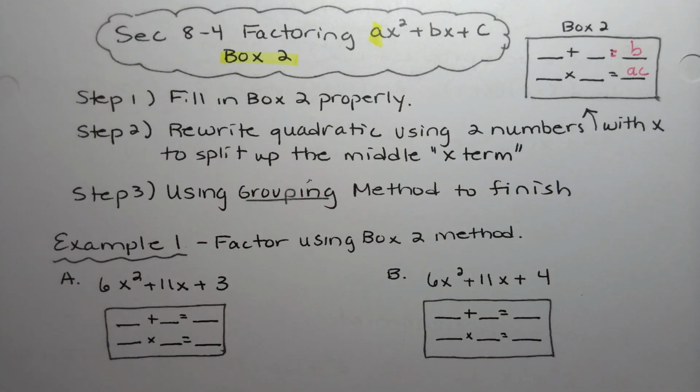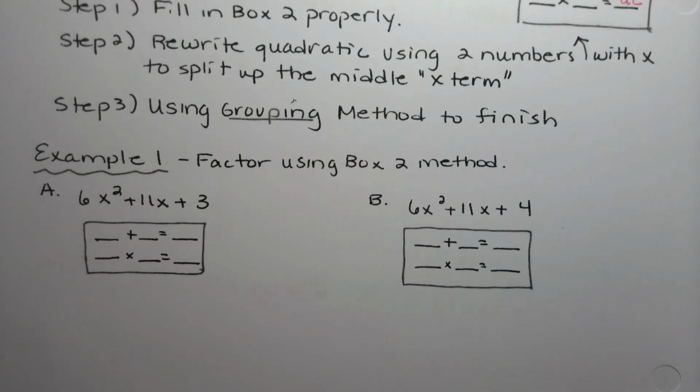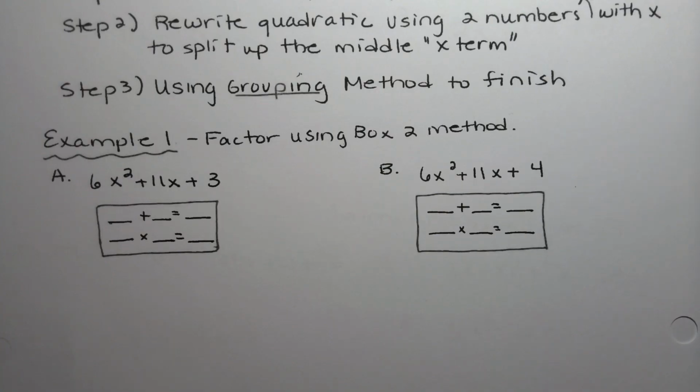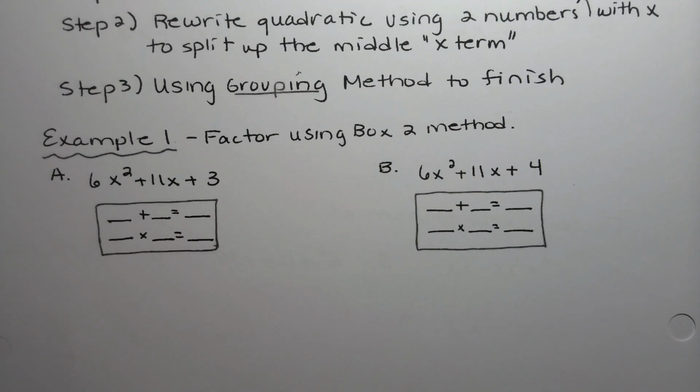Then we're going to use grouping, which you did 2 days ago. So let's get started. One thing at a time, okay? When there's multiple steps, you can do it. You just got to stay calm, take a breath, one thing at a time.